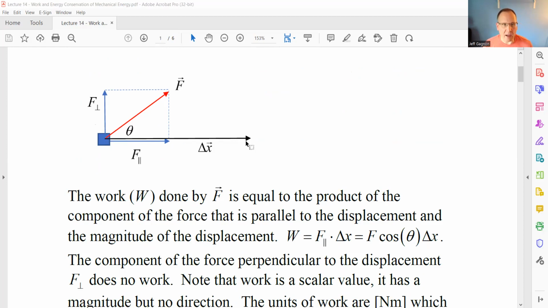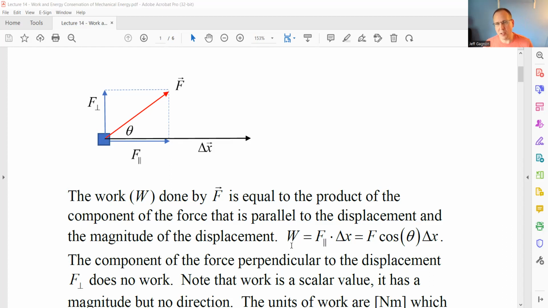And it turns out it's going to be the force times the displacement, but it's only the parallel component of the force. The component of the force that acts in the same direction as the displacement, that's the only part of the force, the only component of the force that's going to matter.